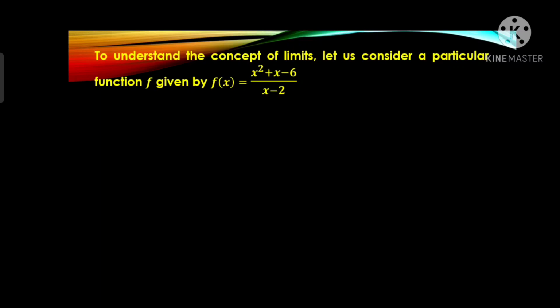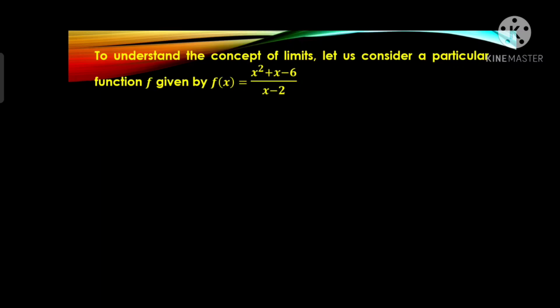But before that, to understand the concept of limits, let us consider a particular function f given by f of x equals x squared plus x minus 6 all over x minus 2. Given this function, we will investigate what happens to the values of y when we make x approach 2.